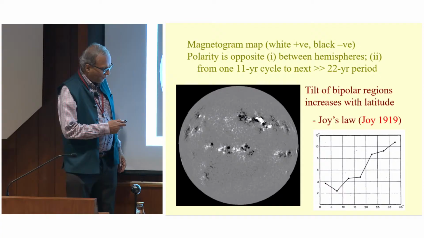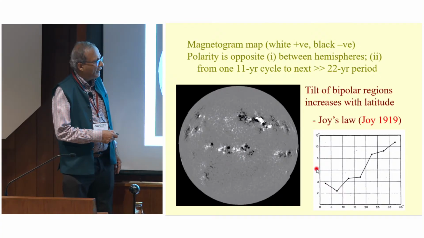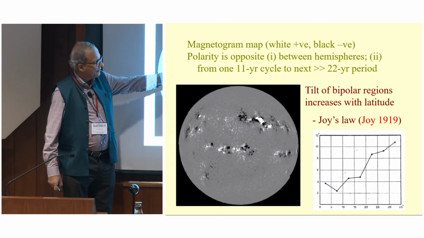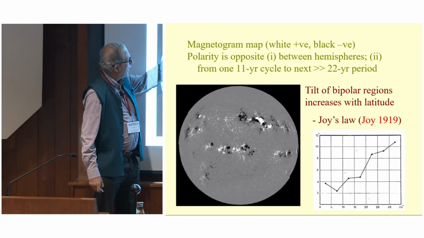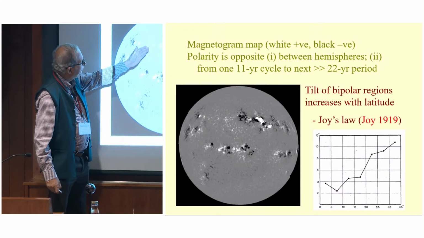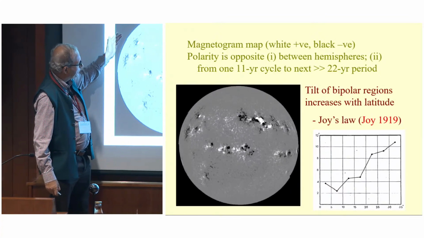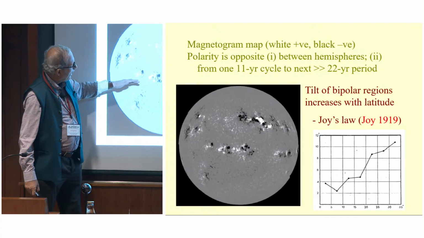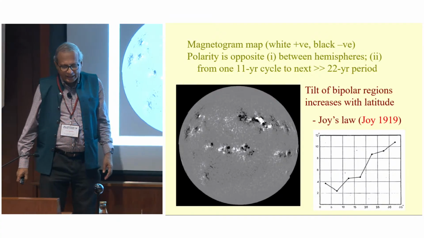So if you were to look at a magnetogram map 11 years earlier or 11 years later, you would find that in the northern hemisphere, this black or negative polarity would come to the right, and white or positive polarity would go to the left. In the southern hemisphere also, there would be a reversal like that.